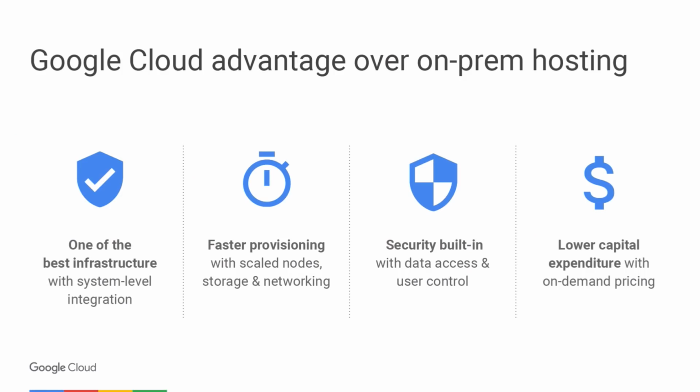Thank you very much. I want to talk a little bit about Google Cloud to begin with. First of all, we have best-in-class infrastructure, networking, storage, and it's a global networking, storage, and compute infrastructure, with system-level integration across the board. We have very fast provisioning. When you create a new virtual machine, it can begin running in seconds or less than a minute, even if you have hundreds of VMs you're starting up.